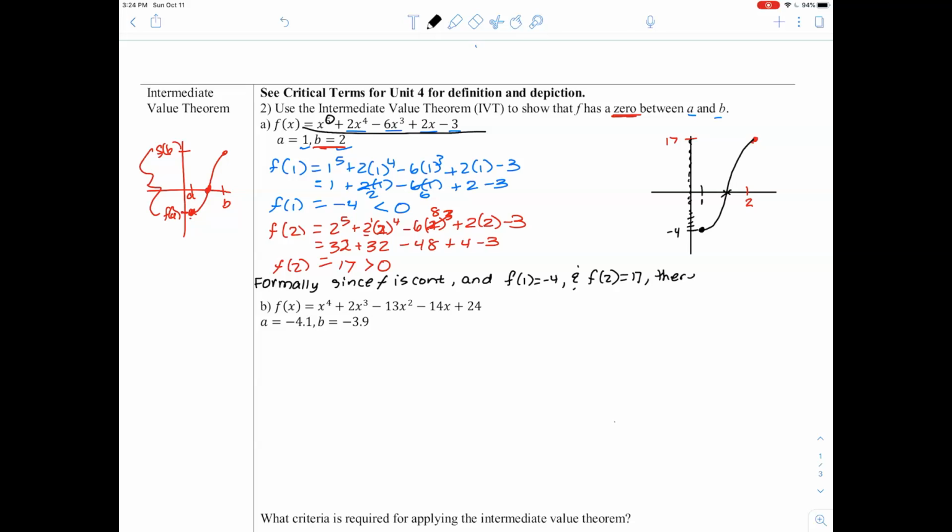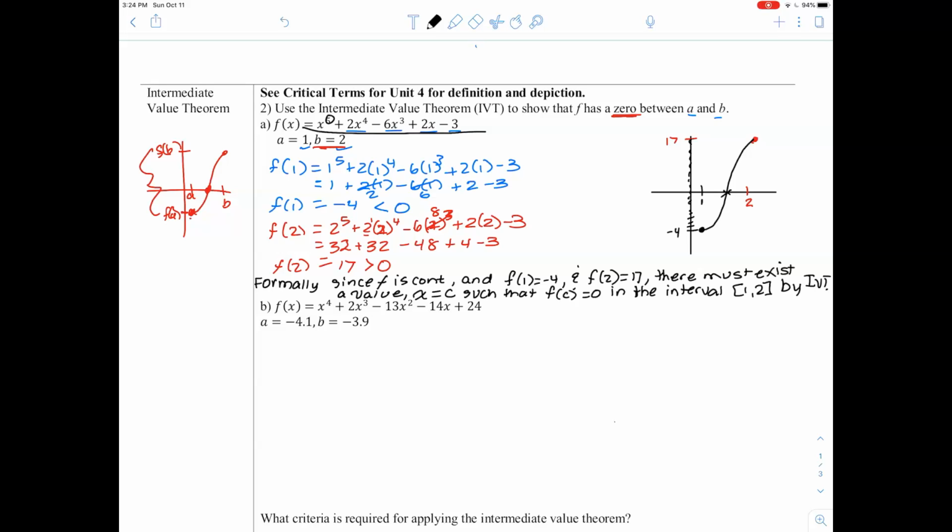then there must exist a value, for some point x equals some point c, we'll just call it c, such that the f of c equals 0 in the interval between 1 and 2 by the IVT, the intermediate value theorem.